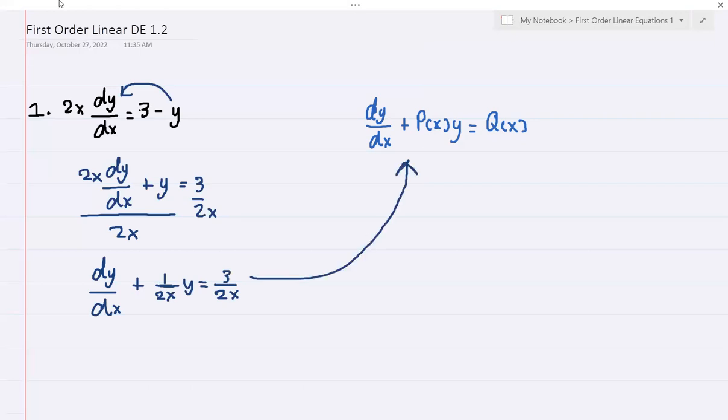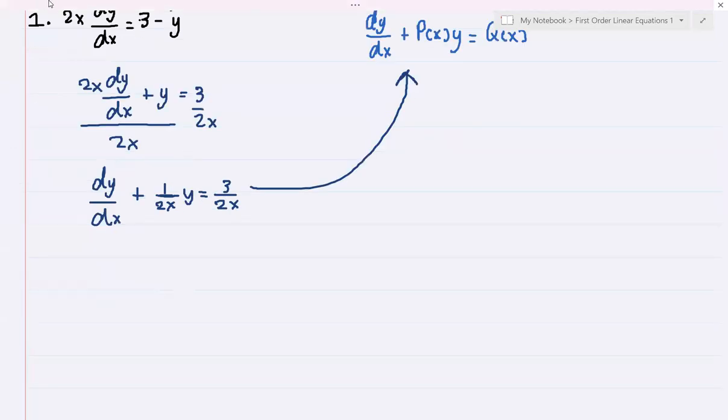Due to this, we can now figure out which one is your p of x and which one is your q of x. Your p of x is partnered with y. Thus, p of x is equal to 1 all over 2x. And your q of x should be on the right side of the equation, so your q of x is 3 all over 2x. That's it.